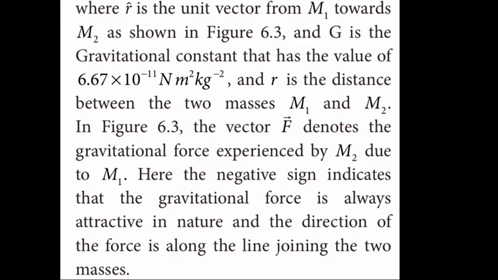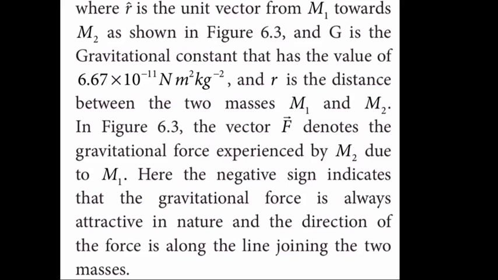If you know all the values, substitute in the formula, so we get G is equal to 6.67 into 10 power minus 11 Newton meter square per kilogram square. This is a very important value, you have to remember carefully. So 6.67 into 10 power minus 11 Newton meter square per kilogram square. This is a very important 2-mark question: State Newton's law of gravitation. Up to here you have to write.